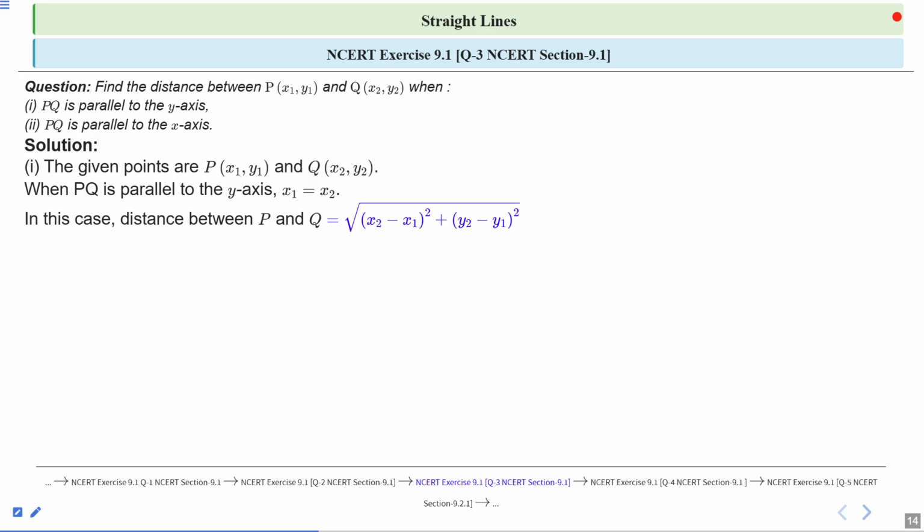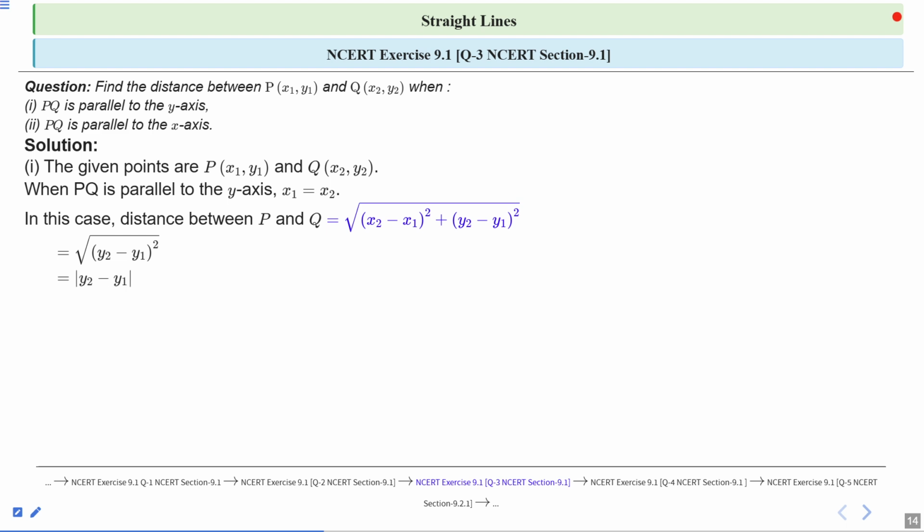Here you can see x1 equals x2, so (x2 minus x1) whole square will become 0. So we will get the distance between P and Q equal to the square root of (y2 minus y1) whole square.